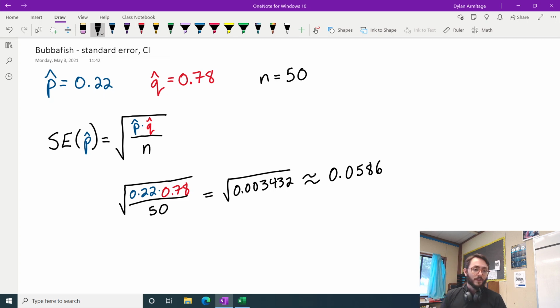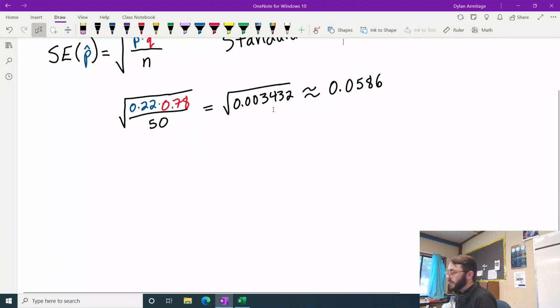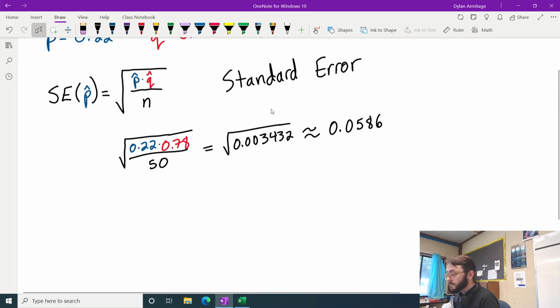Now, what do we do with this? Okay, well, now we need to calculate our margin of error. Okay. So once again, this here was the standard error. Now we need our margin of error.